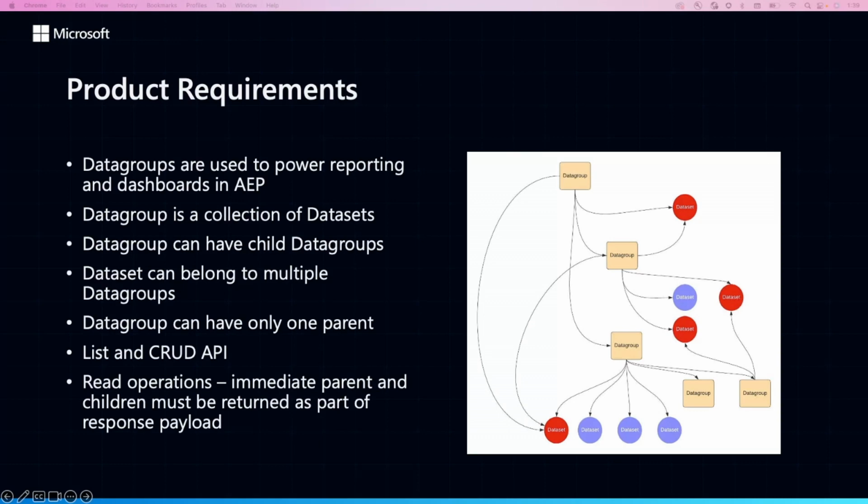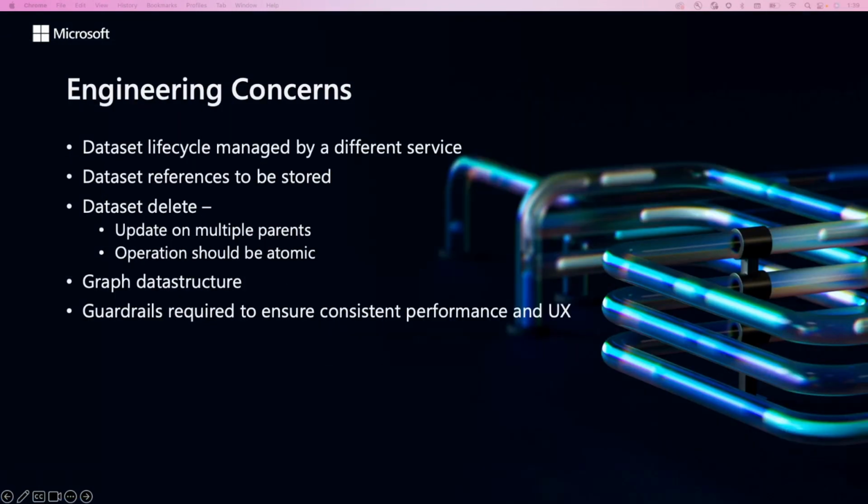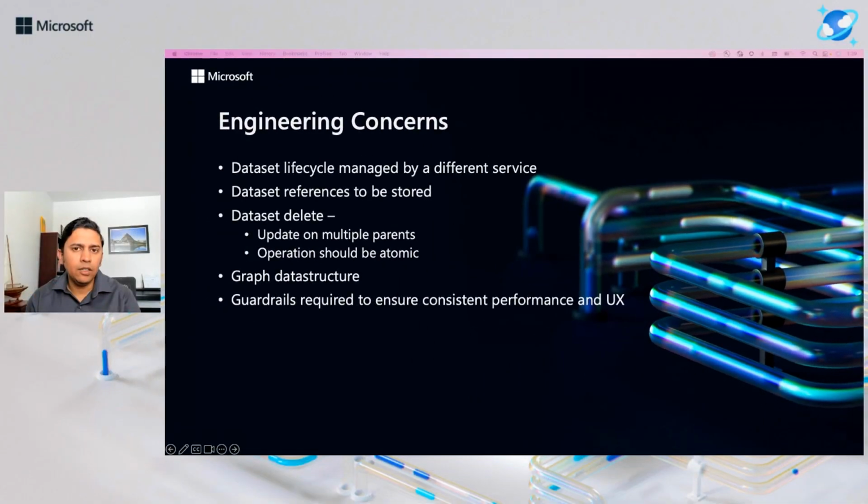As a result, we had some engineering concerns as we were parsing these requirements. One of the concerns that we had was that the dataset object already existed and was supported through a different service. And we cannot change the service because it will disrupt existing user workflows.